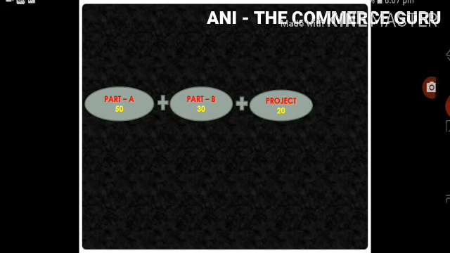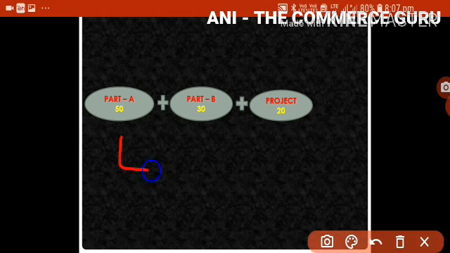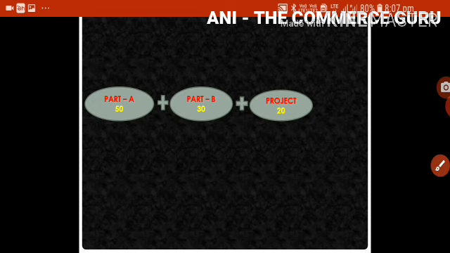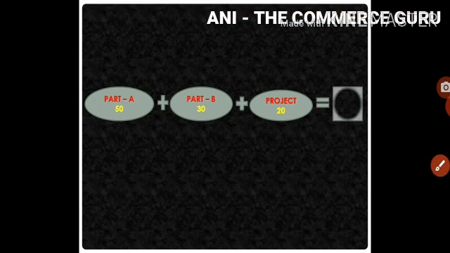So Part A 50 marks and Part B 30 marks means for the theory you get 80 marks and for your practical you have 20 marks. Together it brings to 100. So your entire course of business studies is for 100 marks.